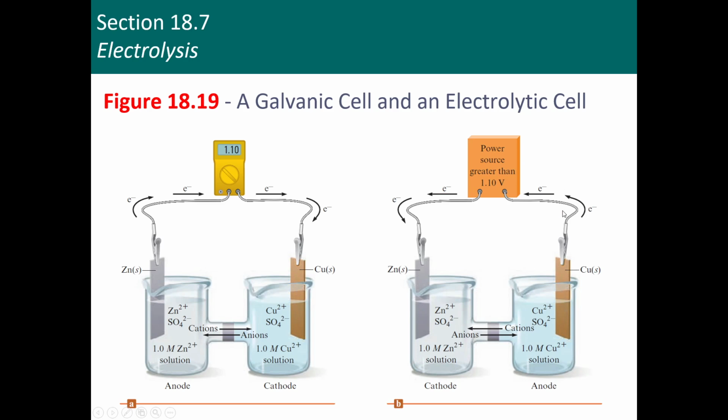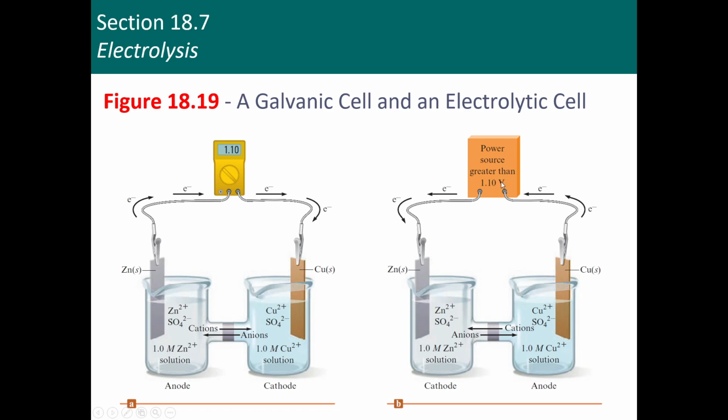We're going to push them uphill, if you will, against their normal electromotive force. This power source will have to be greater than 1.1 volts. Why is that? Well, because that's the downward EMF. That is the potential we have to overcome. So we have to overcome the 1.1 volts to move the electrons in the opposite direction.